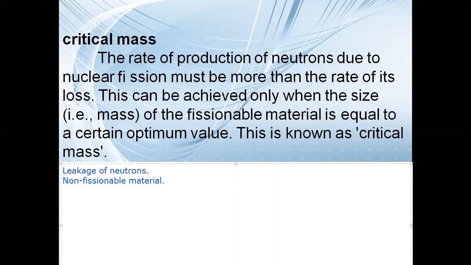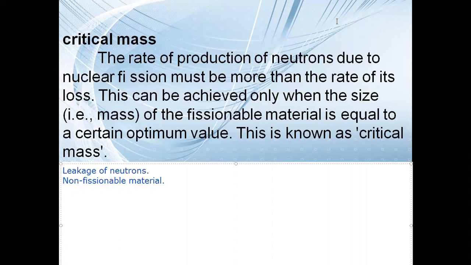During nuclear fission, the amount of neutrons produced is more than the rate of loss of neutrons. So the fissionable material is equal to a certain optimum value. This is the critical mass.